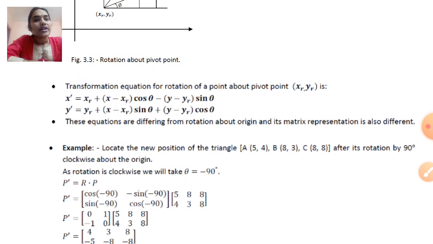The transformation equation for rotation of a point about the pivot point or rotation point (xr, yr) is x' = xr + (x − xr) cos θ − (y − yr) sin θ, and y' = yr + (x − xr) sin θ + (y − yr) cos θ.